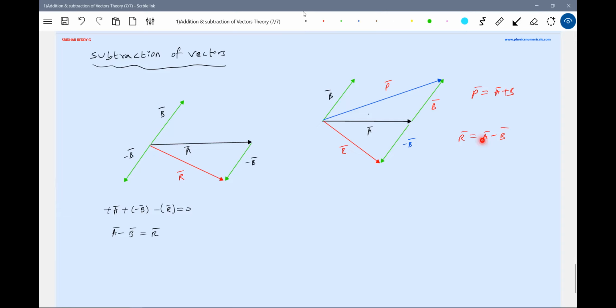R bar is the resultant, the subtraction of two vectors. Definitely their two will be different. P bar and r bar cannot be of same length or in same direction. They are different things. This was the triangle law, where we are just showing how to subtract vectors. P bar and r bar are different. This is the sum of vectors. This is subtraction of vectors.